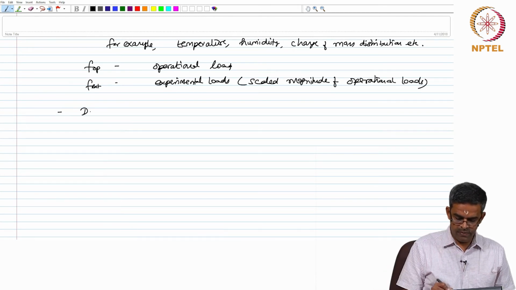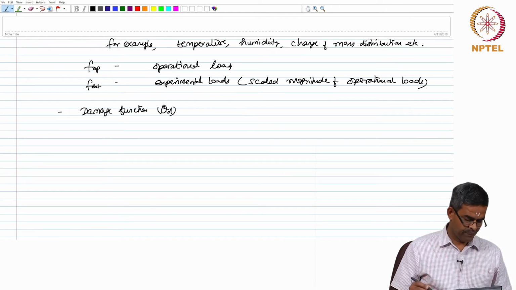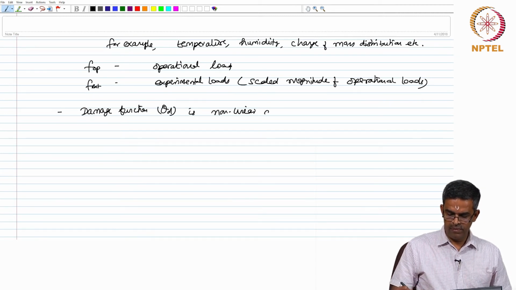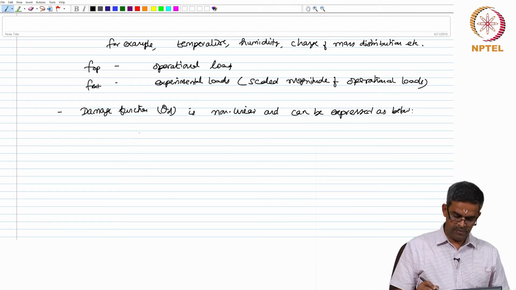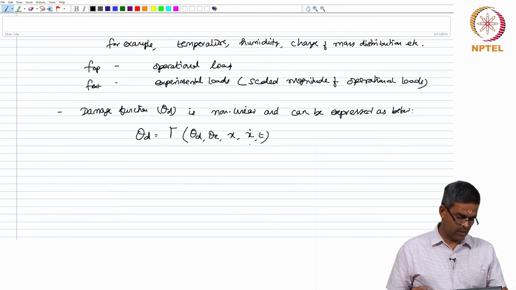Further, the damage function theta d is again non-linear and can be expressed as below. Theta d is a function of theta d, theta e, x, x dot and time.